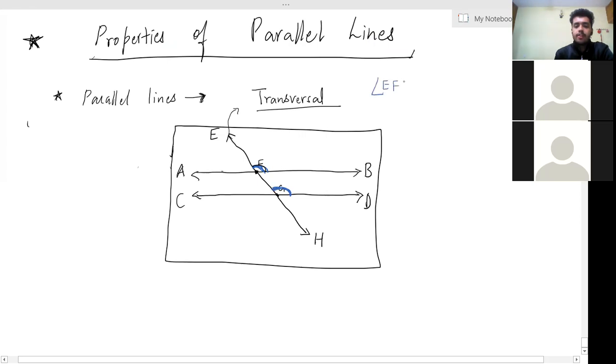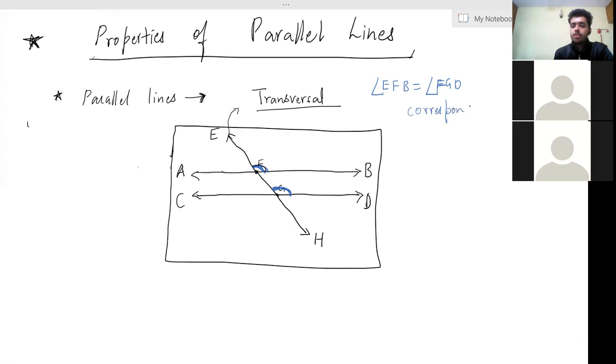Angle EFB is equal to angle FGD, or EGD, right? So these both angles are equal. These are called corresponding angles. So you have to remember this word. This is called corresponding angles. Okay.